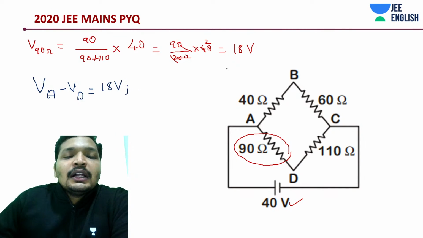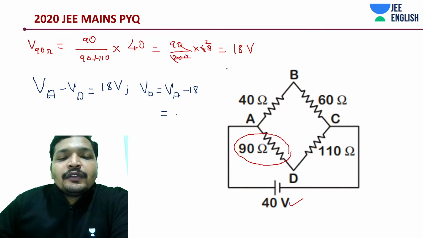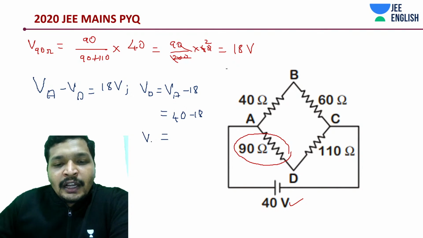That means VD is equal to VA minus 18 volts, and we know the value of VA is 40. 40 minus 18, so the value of VD is going to be 22.